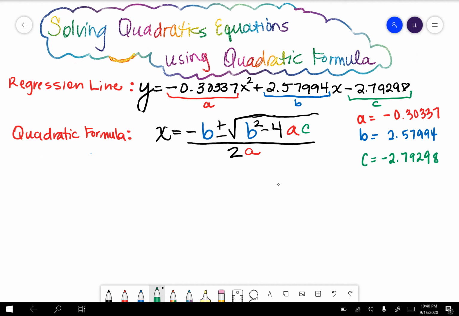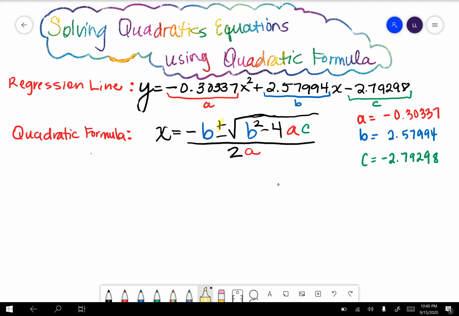The quadratic formula is x equals negative b plus or minus the square root of b squared minus 4ac, all over 2a. So a is equal to negative 0.30337, b is equal to 2.57994, and c is equal to negative 2.79298.